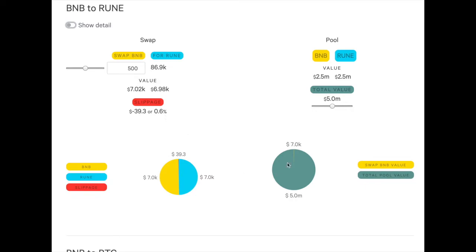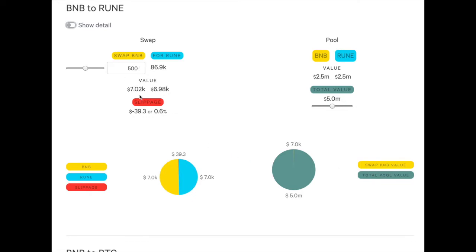So down here you can see the slippage in comparison to the BNB and the RUNE that we're swapping, and over here you can see the total pool value and the swapped BNB value, which is here.